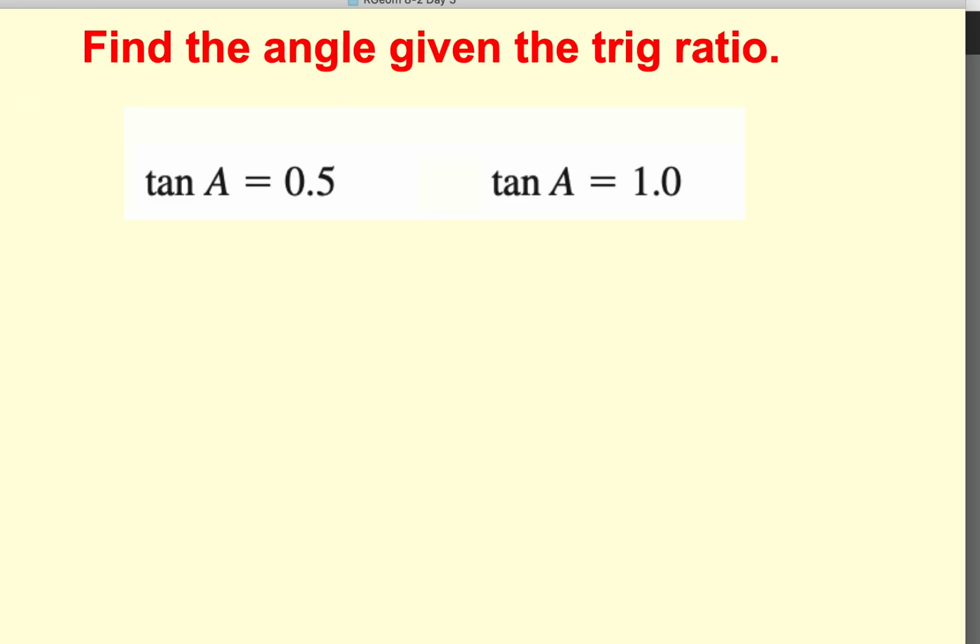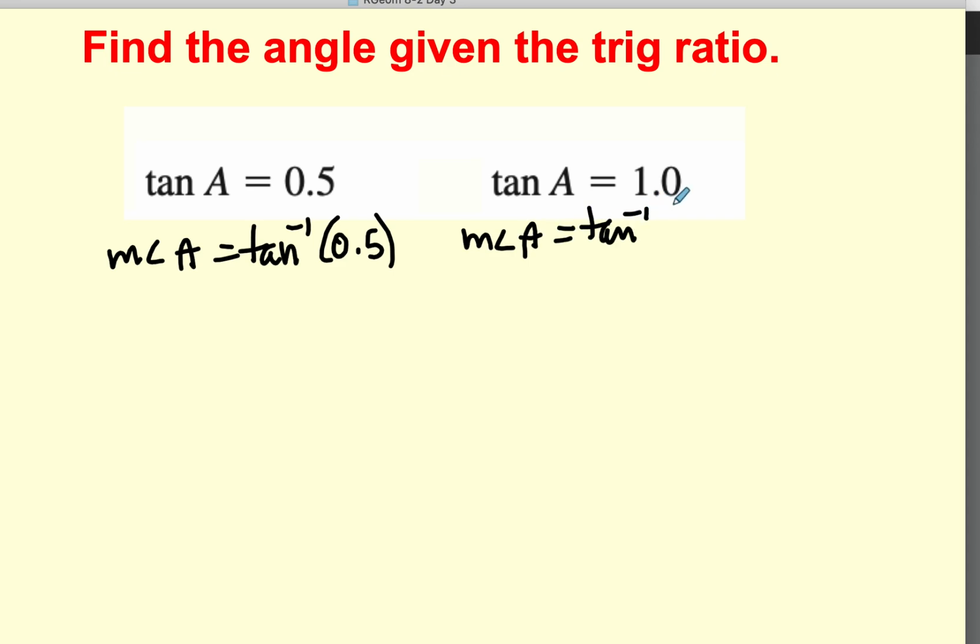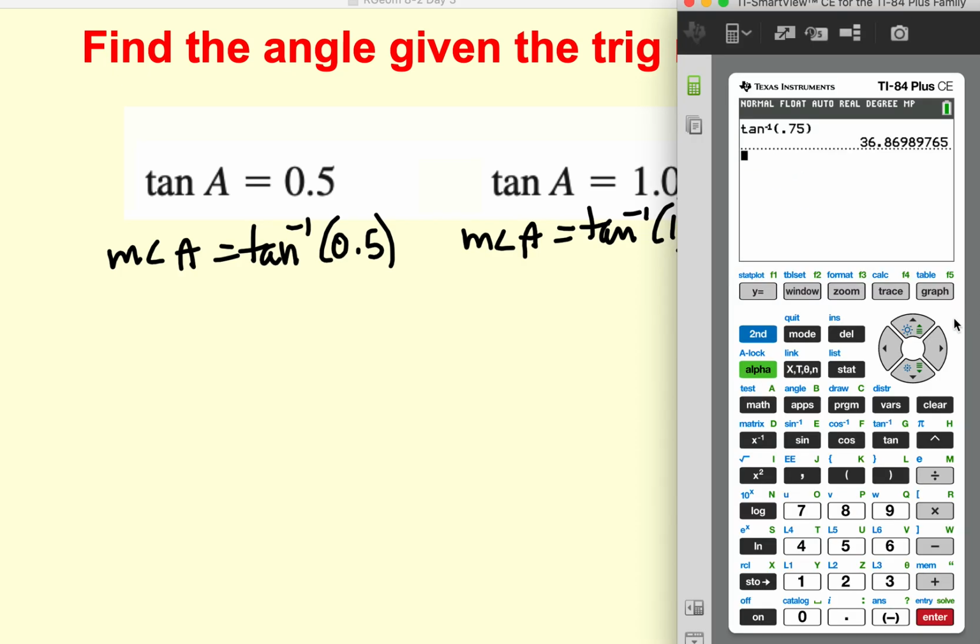Okay, so let's go ahead and practice. To figure out the measure of angle A in this one, I'm going to have to do tan inverse of 0.5. And then to figure out the measure of angle A here, I'm going to have to use tangent inverse of 1. Okay, so let's go ahead and use our calculator. I'm going to clear. I'm going to press second tangent to get that tan inverse.